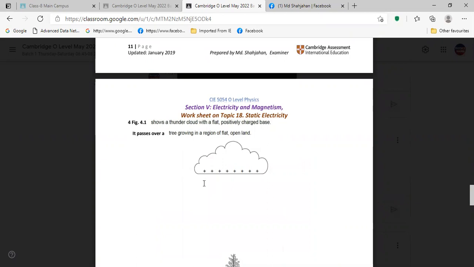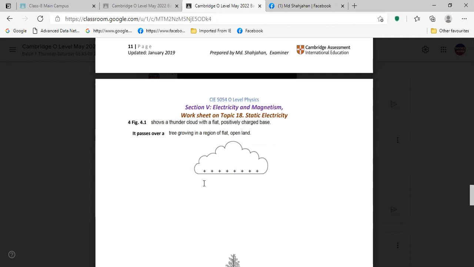It depends, due to friction, on which part is losing electrons and which part is gaining. Have you understood? It's very important to remember that it will not always be negative or always be positive. It can be either positive or negative in the lower part. Is it clear to you?